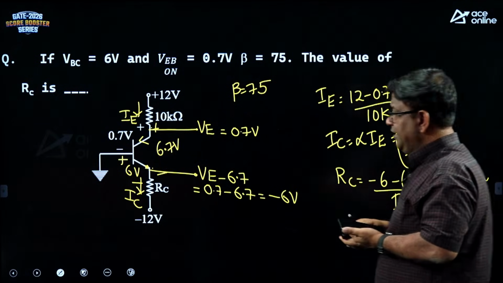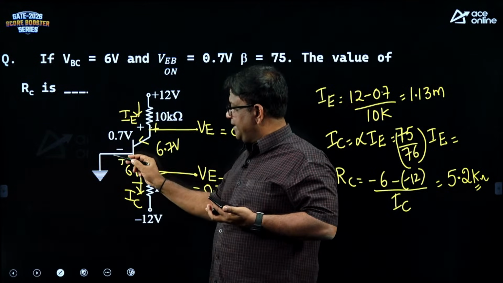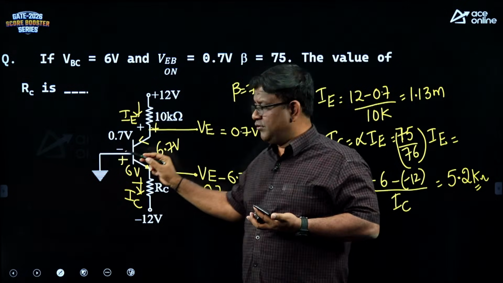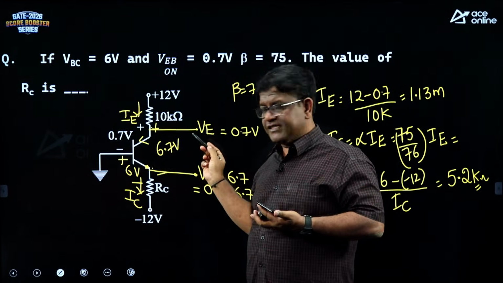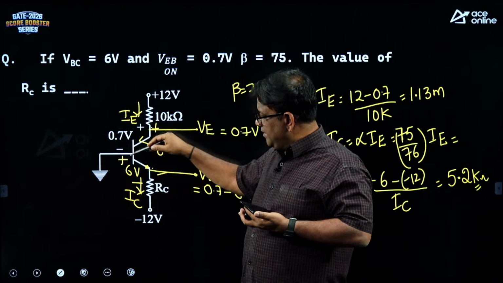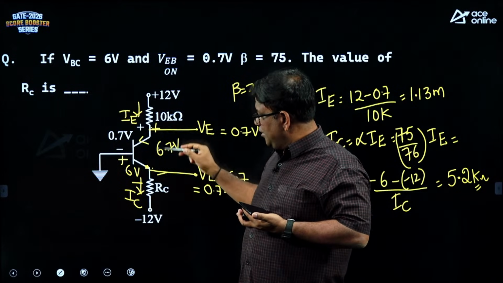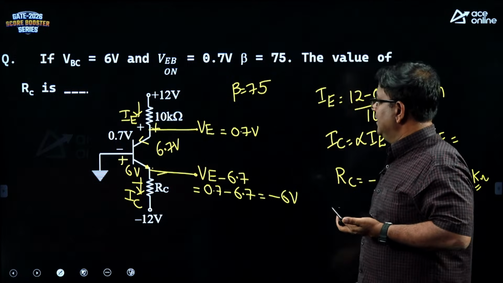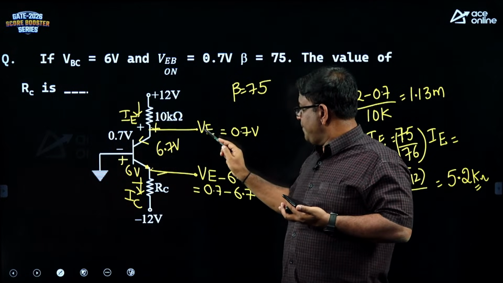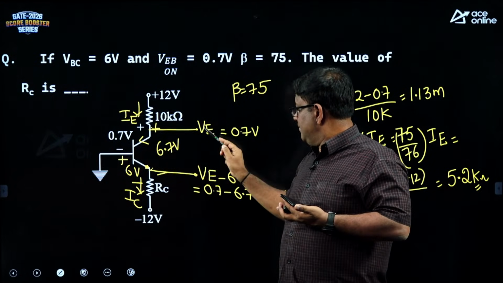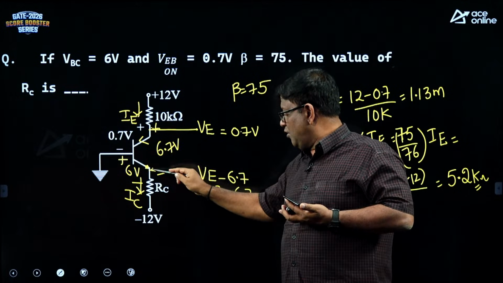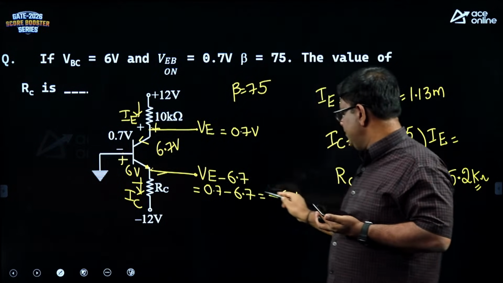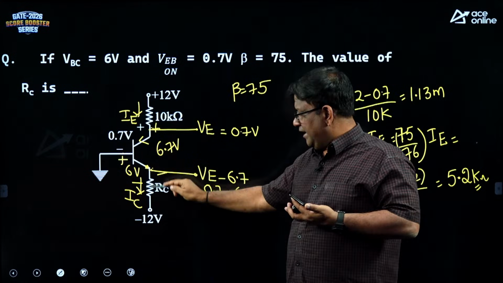So, I have done nothing here, voltage is always measured with respect to ground. So, this voltage is VE minus 0 is 0.7, so your VE is 0.7 and VBC is given 6. So, the voltage between the 2 points is 0.7 plus 6, that is 6.7, and this voltage is 0 minus VE, which is minus 6 anyways.